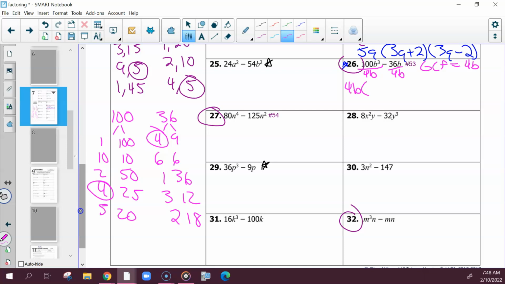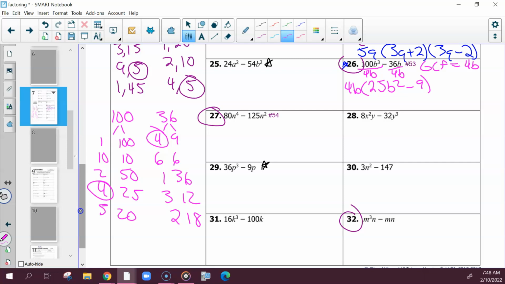And what would be left when we do that? 25b squared minus 9.